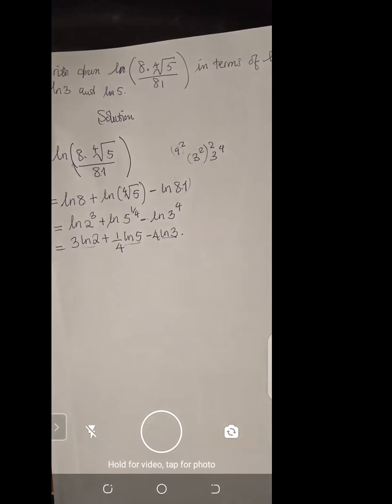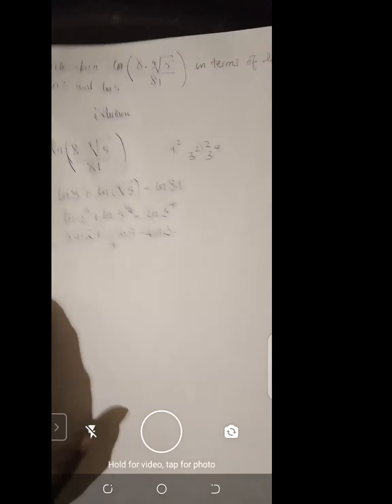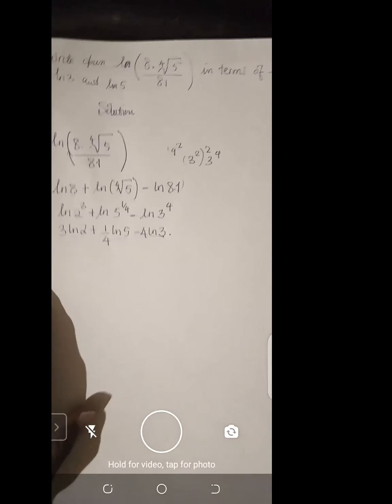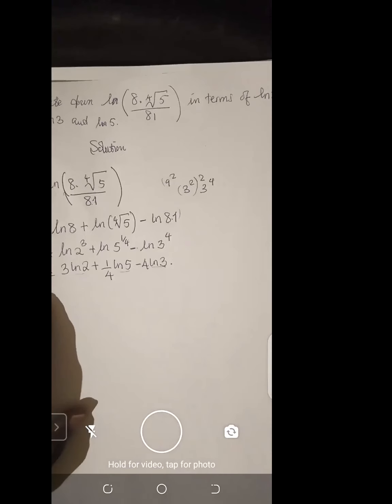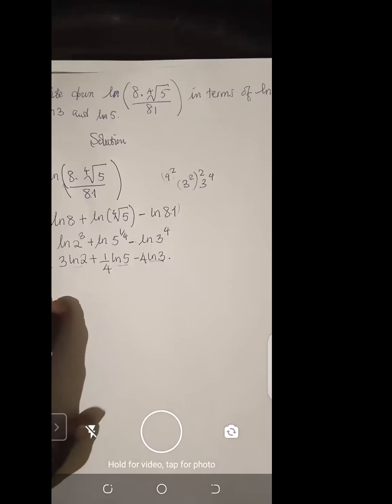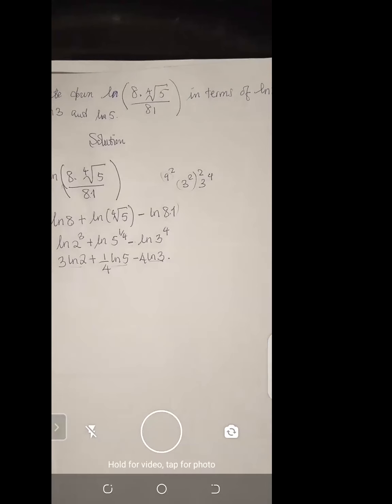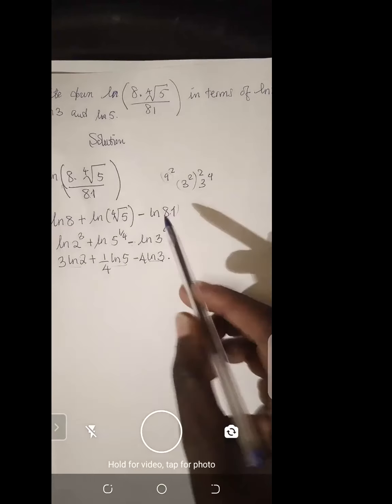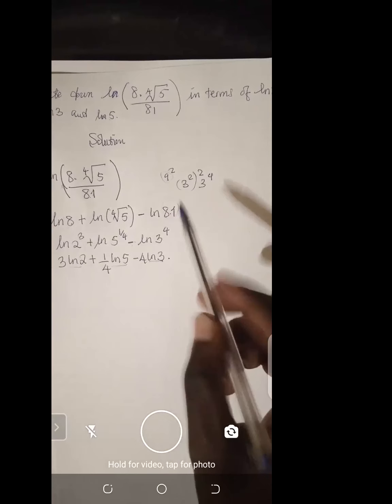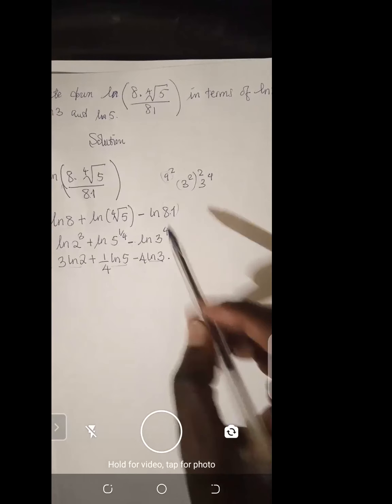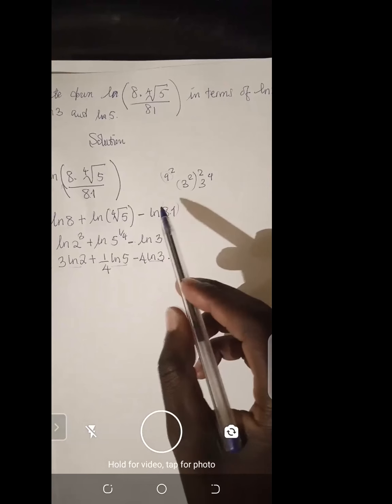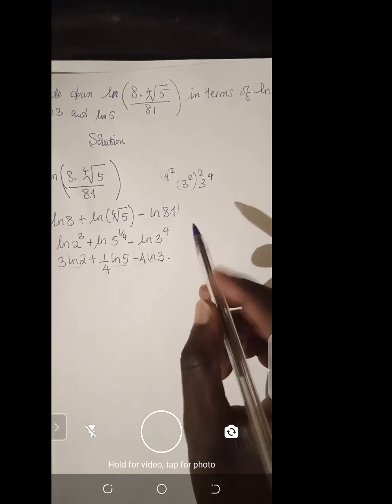Sorry, sir, I have a question. Yes, please. It's just for clarification. How do you pronounce that? L-N. It's ln, but I'm pronouncing it as ln. Is ln the same as logarithms, or does it follow the properties of logarithms?